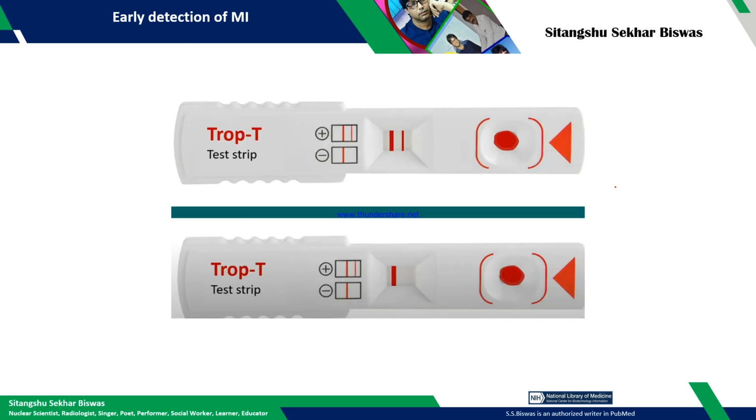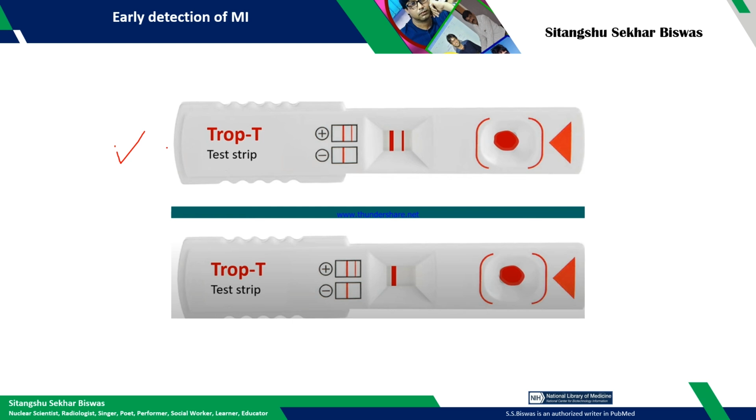The second thing is the Trop strip. These strips are also available in the market or on Amazon. You can keep one for emergency, maybe for 300 or 400 rupees.